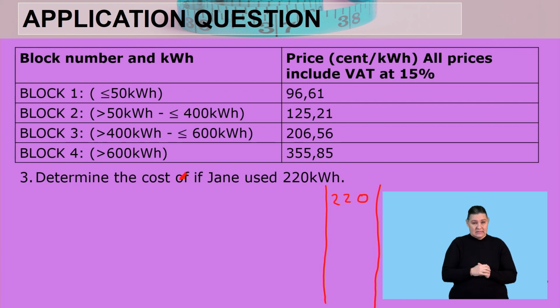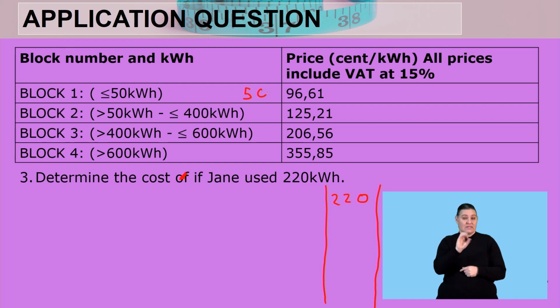The max cap we can do here is 50. Then with the next block, you've got to take 400 minus 50. That's 350. The next block, 600 minus 400, leaves me with 200. And whatever else we have, that gets carried over into block 4.